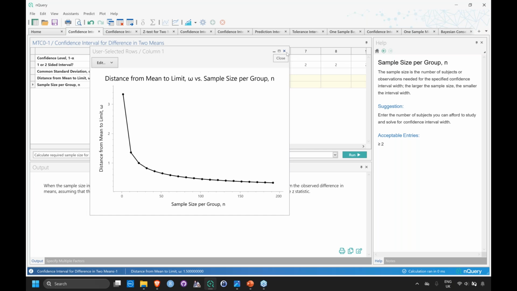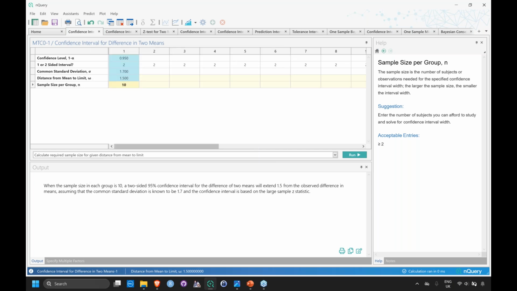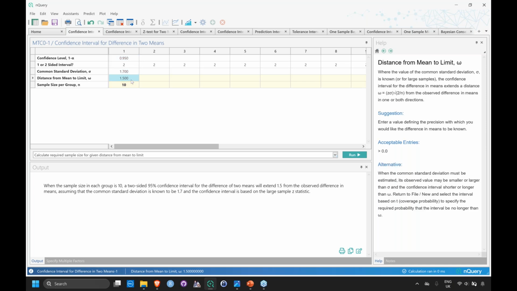As you recall from the last couple of slides, we were saying that this means that a group sample size of 10 is targeting an average width of 1.5, which suggests that 50% of the time it could be slightly below 1.5 or slightly above for the other 50%.